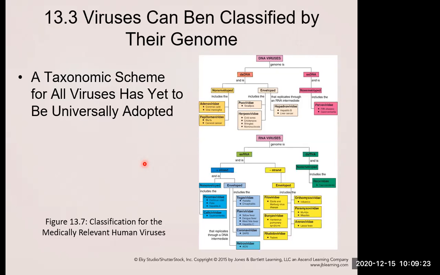So the way this is going to happen, the RNA viruses include in their code an RNA-dependent RNA polymerase. We make RNA from DNA, so that would be DNA-dependent RNA polymerase, right?